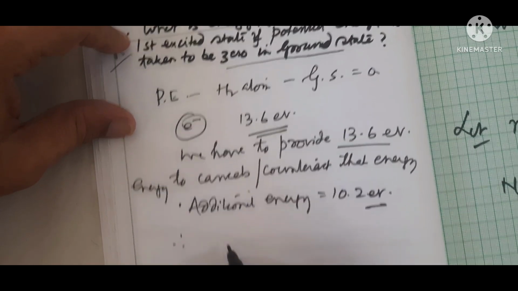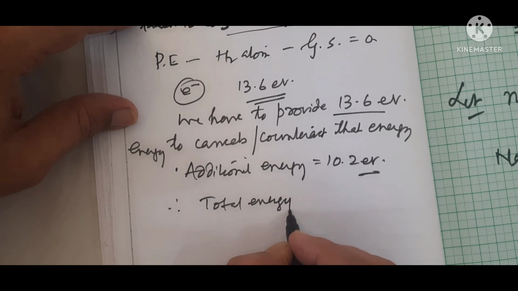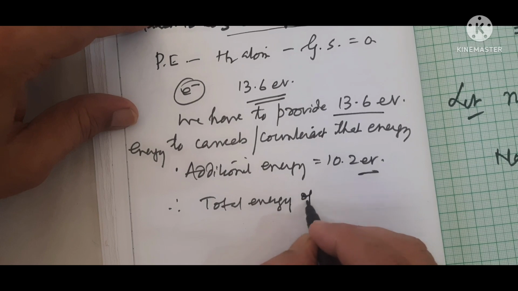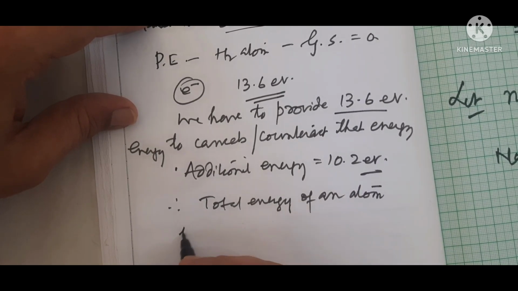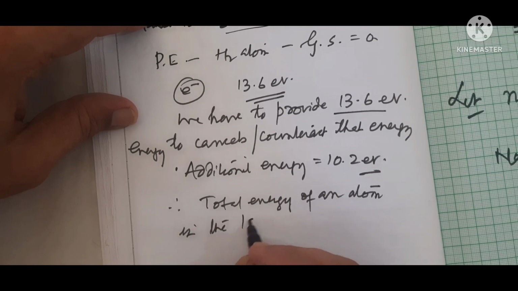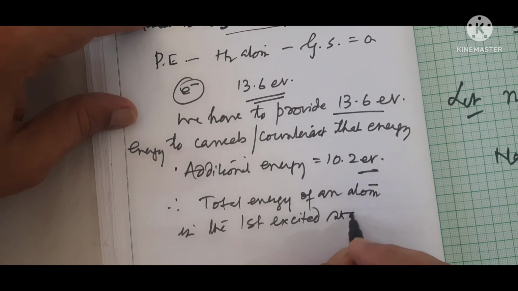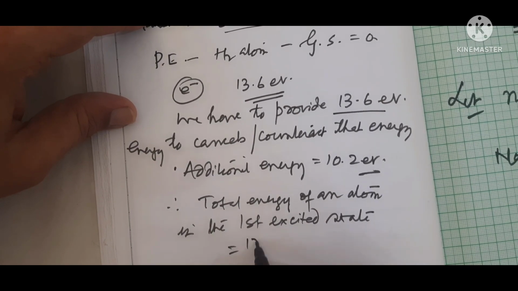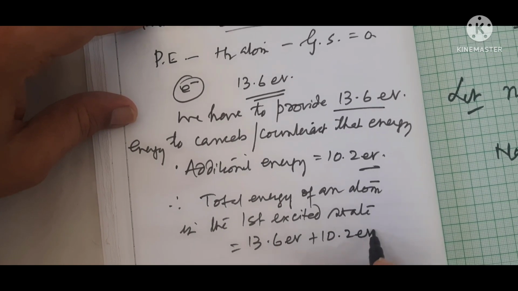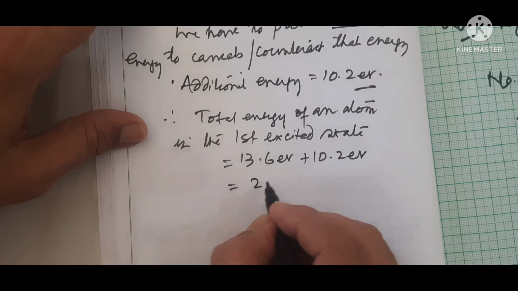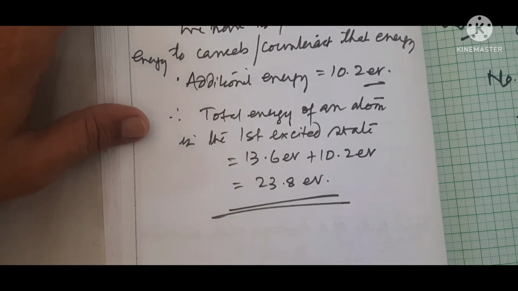So therefore we can write the total energy of an atom in the first excited state, कितना हो जाएगा? 13.6 इलेक्ट्रॉन वोल्ट प्लस 10.2 इलेक्ट्रॉन वोल्ट. So ultimately it is 23.8 इलेक्ट्रॉन वोल्ट. इतना एनर्जी ज़रूरत होगा, right.